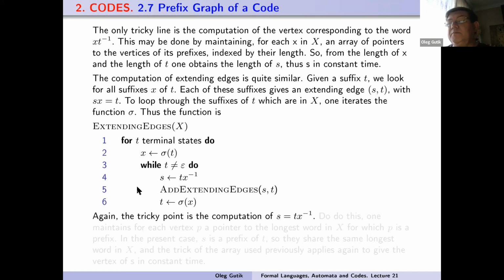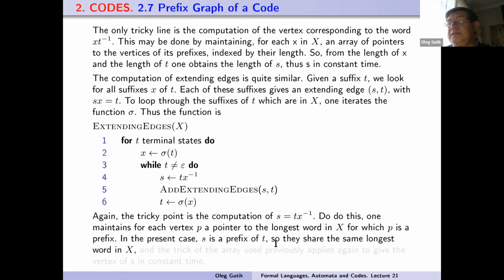Again, the tricky point is the computation of s equal to t x^-1. To do this, one maintains for each vertex p a pointer to the longest word in X for which the word p is a prefix.